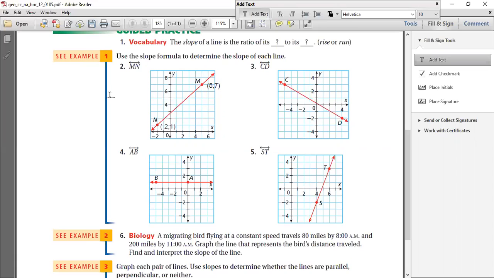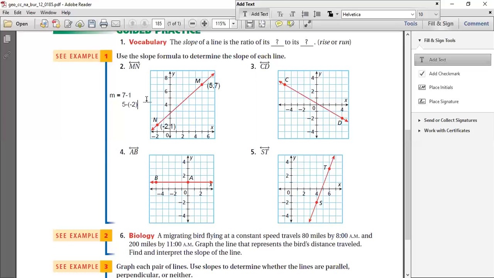Okay, so you have to write the formula. I'm not writing it, I'm just saying m equals, now y2 minus y1 over x2 minus x1. You can take any as x1 y1 x2 y2, so I take this as x2 and y2. So y2 is 7 minus y1 is 1, over 5, that's x2, minus x1 is -2, so minus -2.